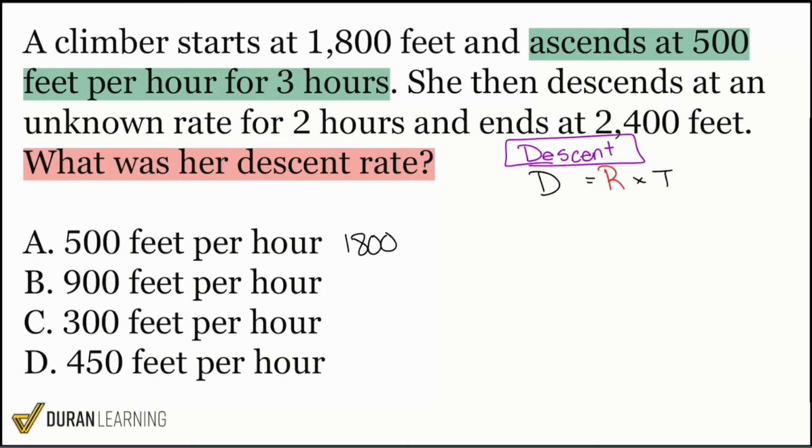Everyone, help me there. If I'm traveling at 500 feet per hour for 3 hours, am I going to count that as a positive or a negative based on the keywords that we see? Yeah, that's a positive, absolutely. So we're ascending, so we will add right there. And that'll be 500 feet per hour times 3 hours. And then from there, we see that we descend.